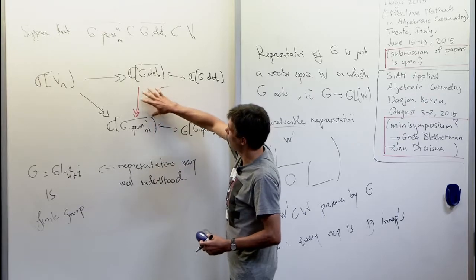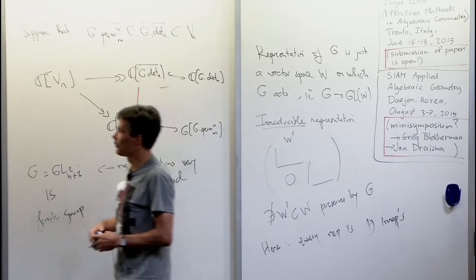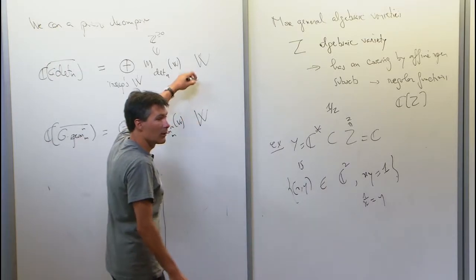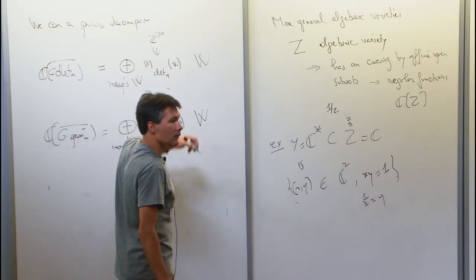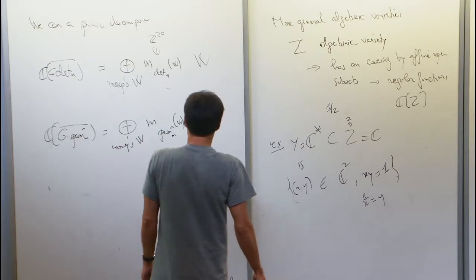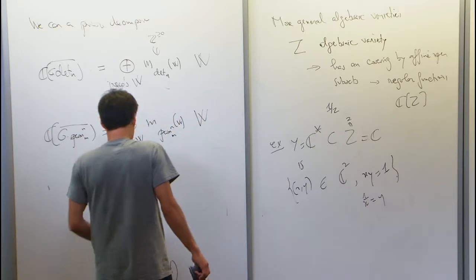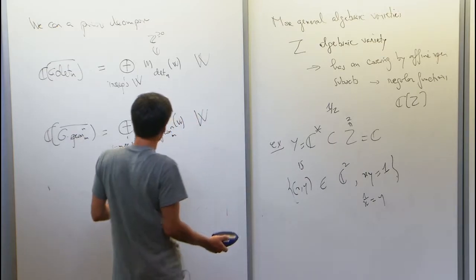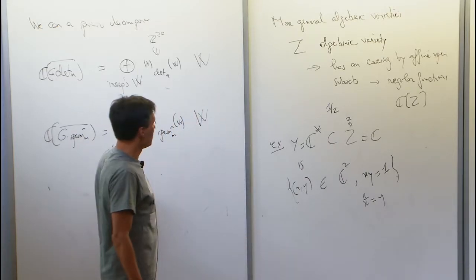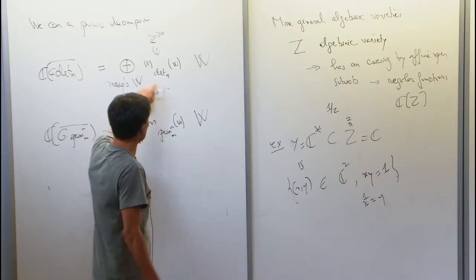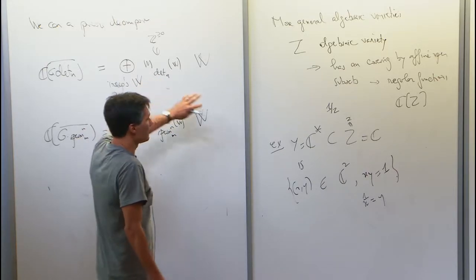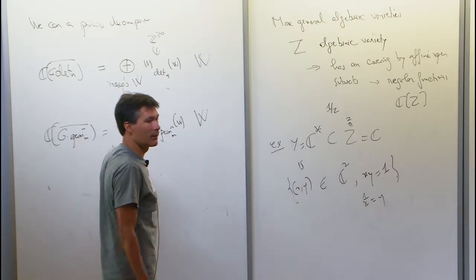So if we have a surjective map like this, it must be surjective on each of these factors. So we can have obstructions to surjectivity when the multiplicity here is bigger than the multiplicity here. If this happens, for sure we cannot have a surjective map like this.